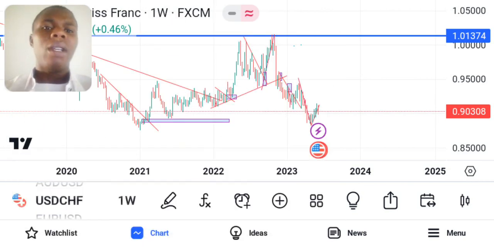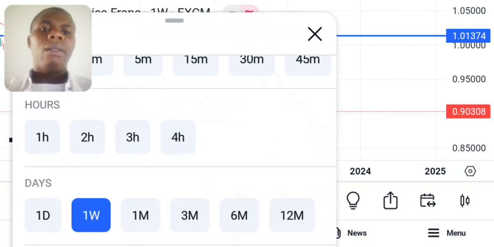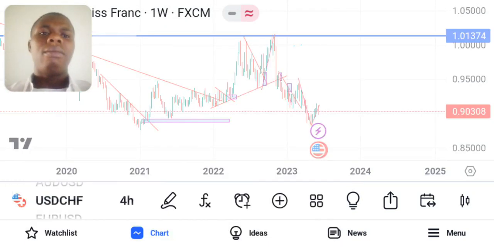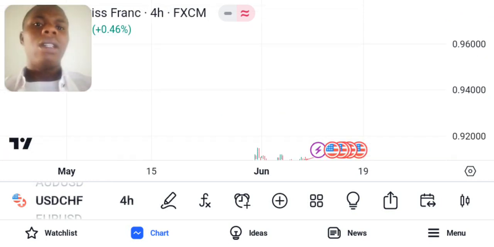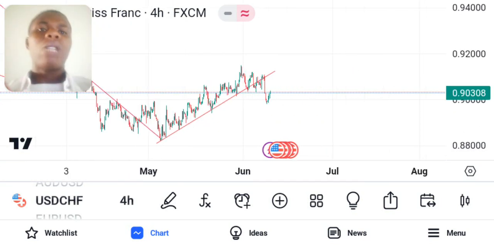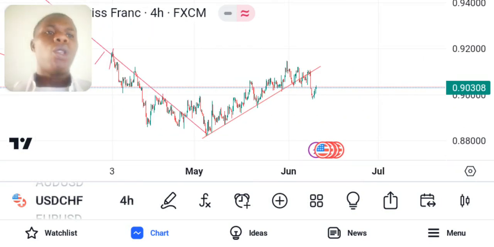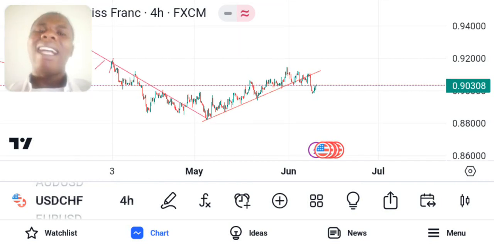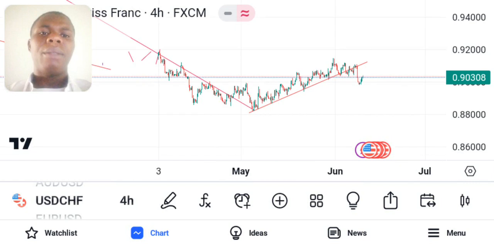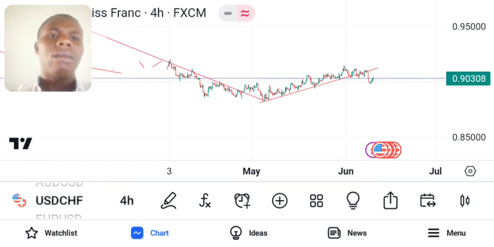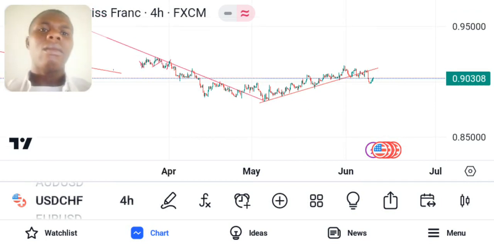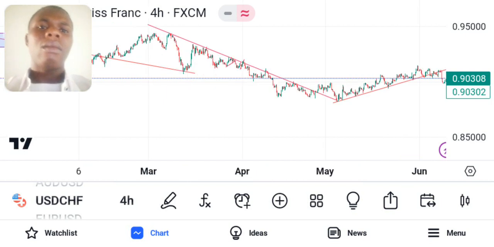Now let's walk down to the 4 hours. You see that the market structure is actually aligned, the weekly and the 4 hours. So all you want to do is understand what the higher time frame is doing, then move down to the lower time frame. I love this market.